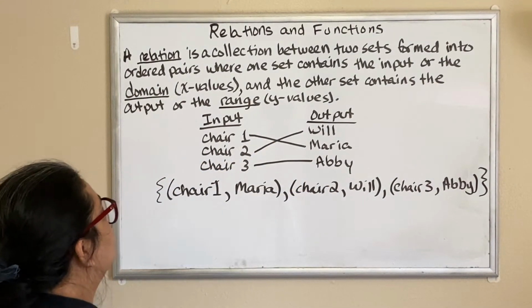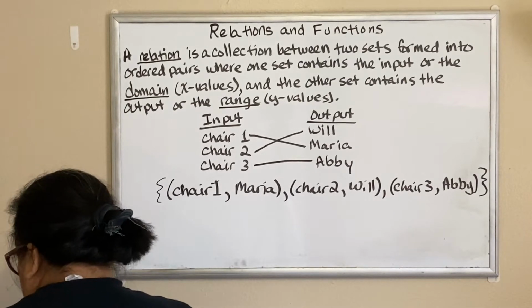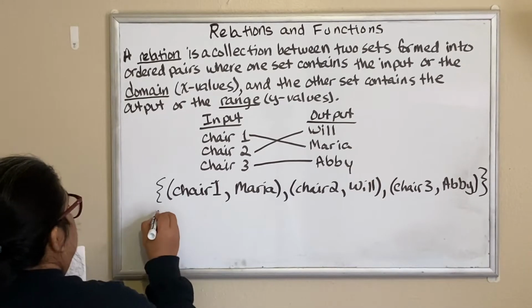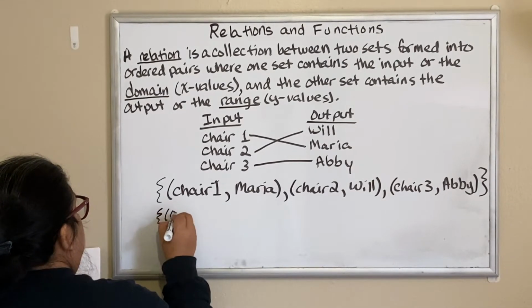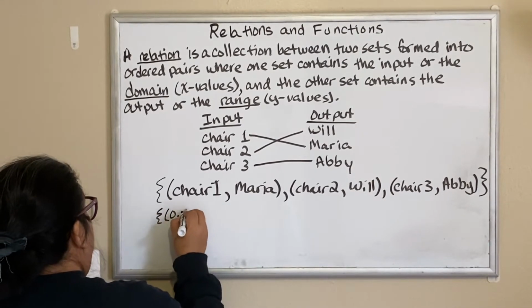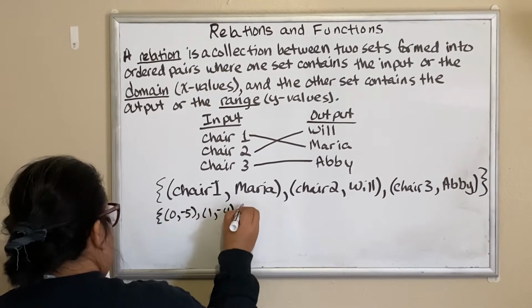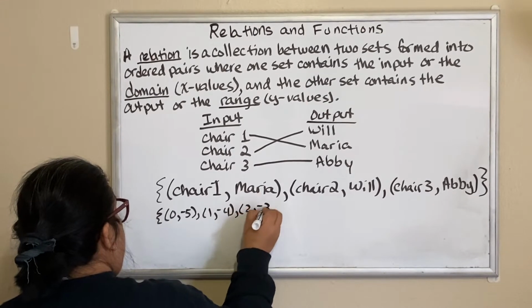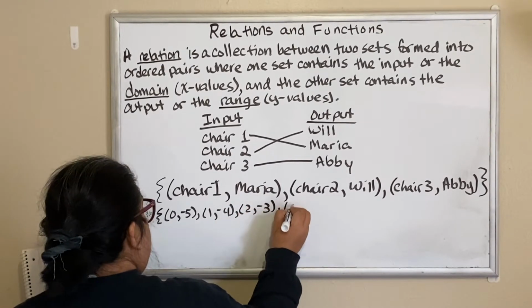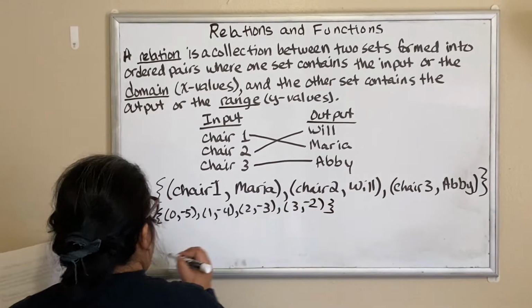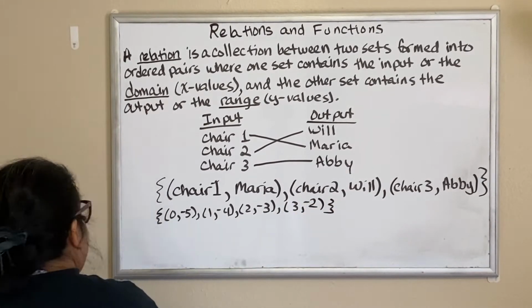So now let's look at another example here. Let's say I have the set 0, -5, 1, -4, 2, -3, and 3, -2. Let's say I have that set right there, okay?